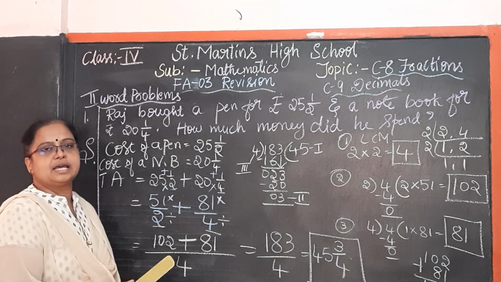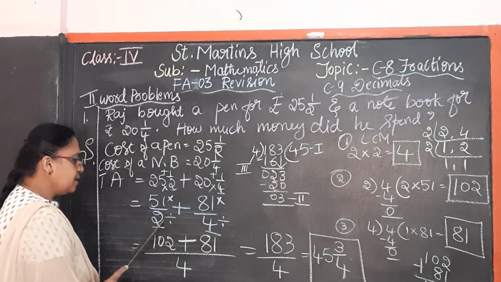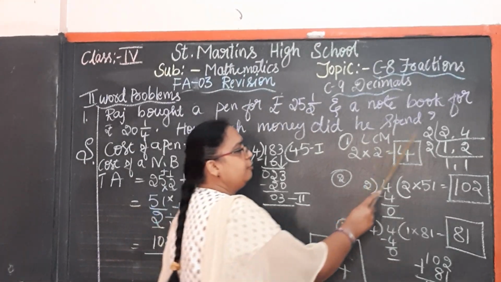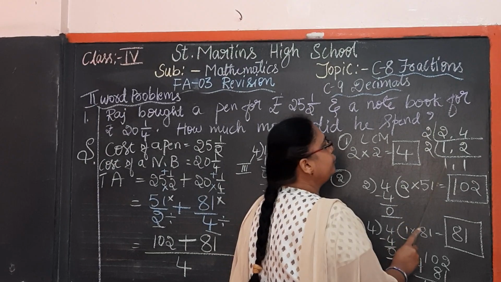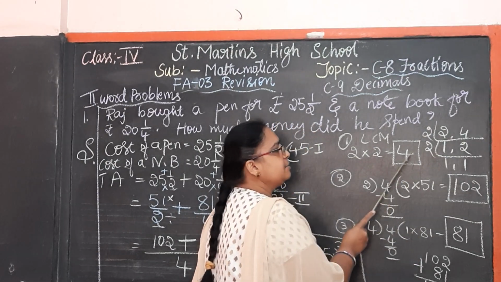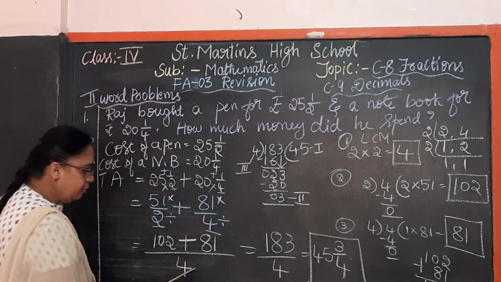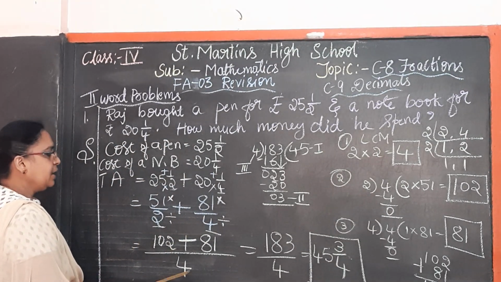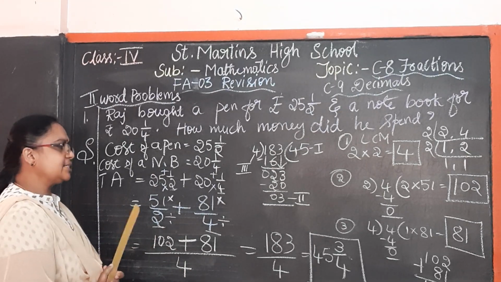Next, what is the next step? We have to take the LCM for 2 and 4. What did we get as the answer after taking LCM? We got 4. The LCM is 4. Here, instead of 2 and 4, we are writing 4. And next, the second step. What is the second step?